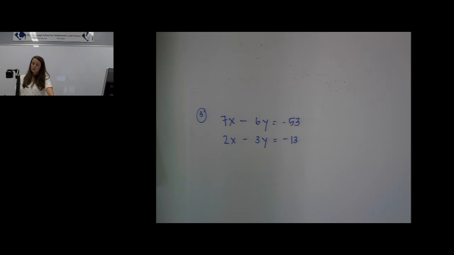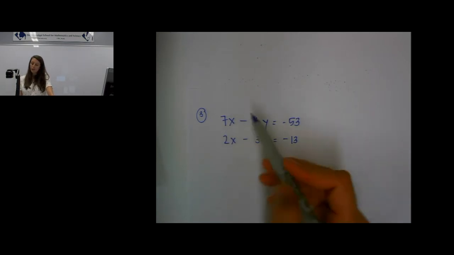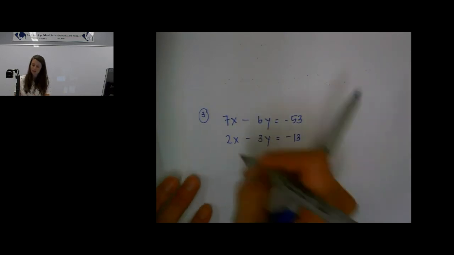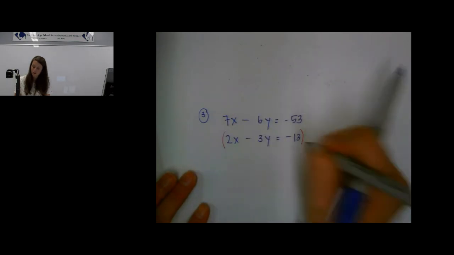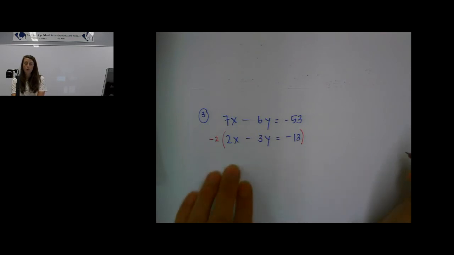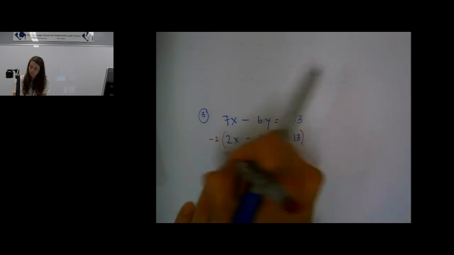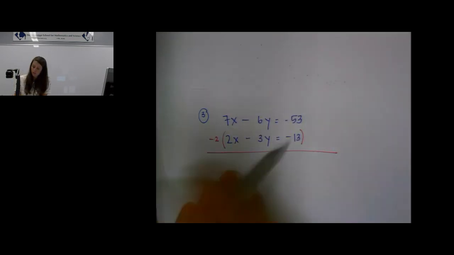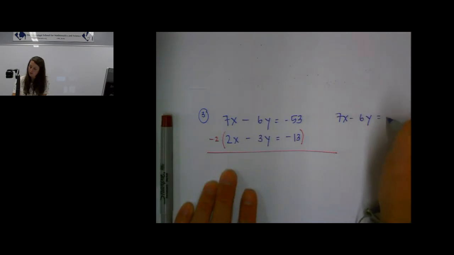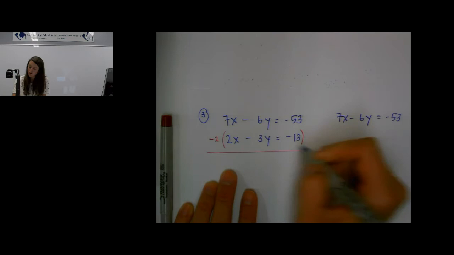Those two are not going to go away, but they are multiples of each other, so I could multiply this second equation by negative 2. I'm going to do the whole equation, not change anything about the first one. It stays the same. Remember, make sure your variables are lined up.